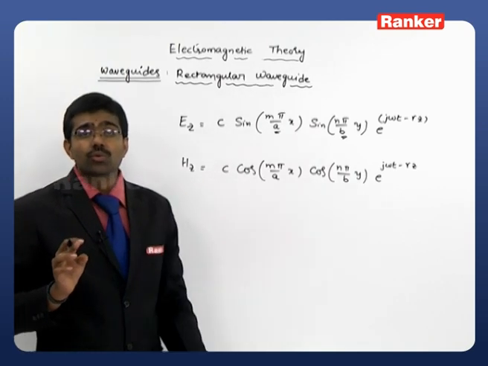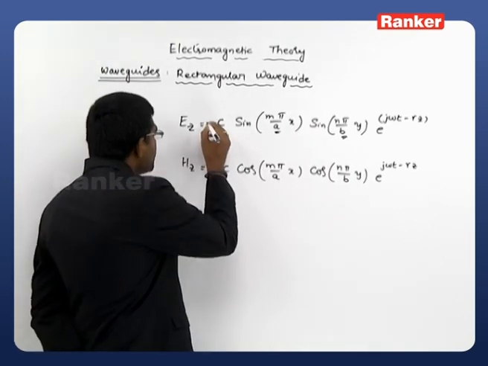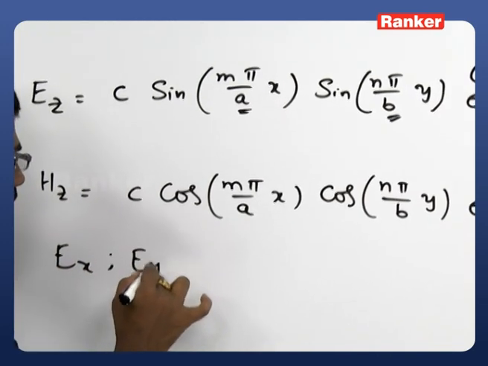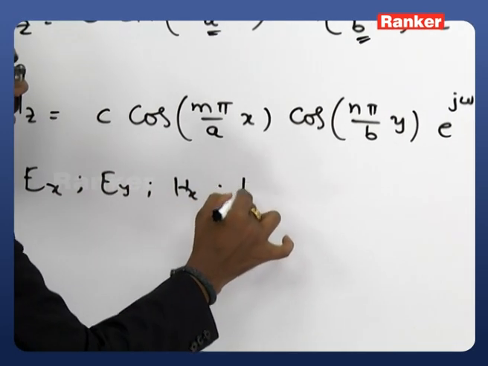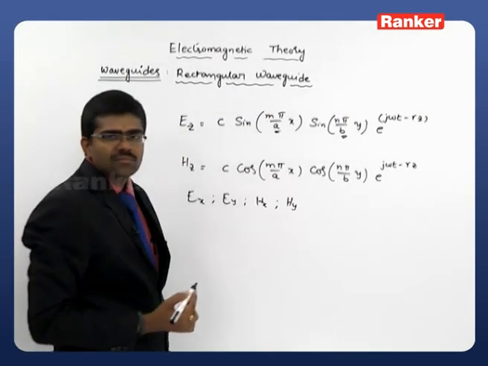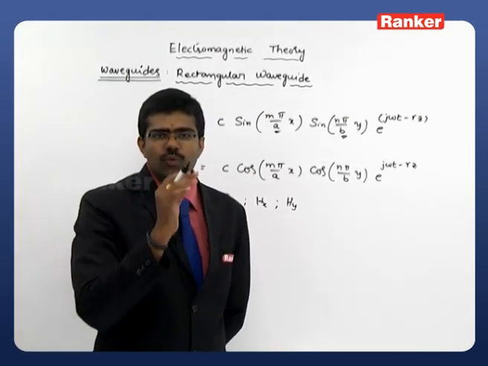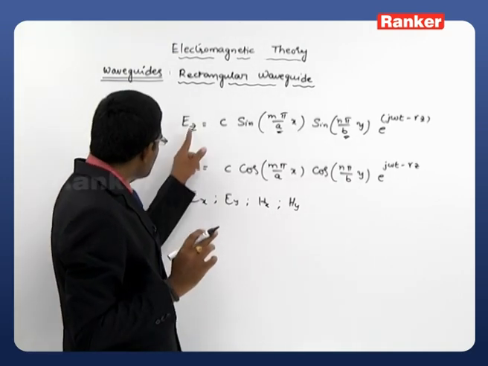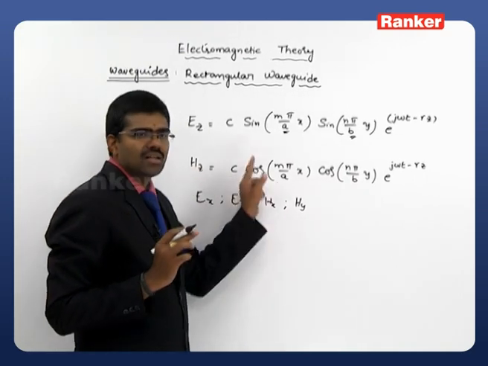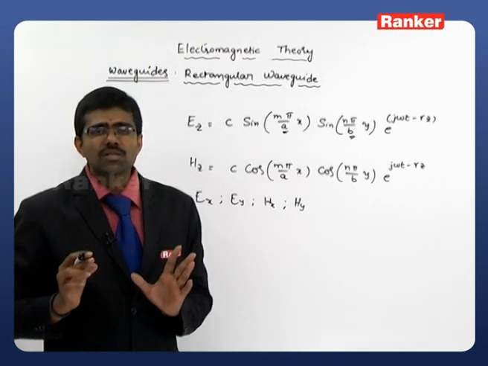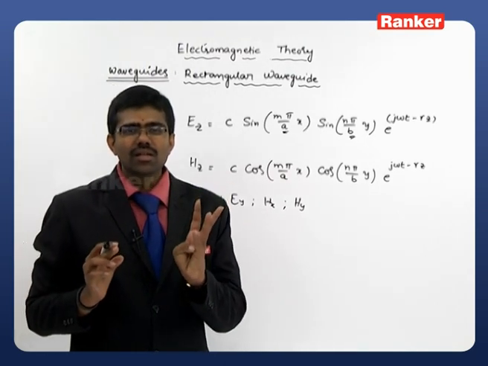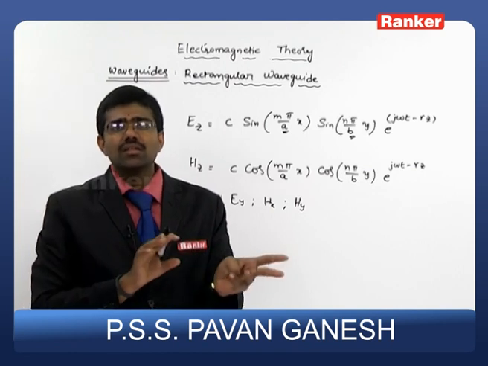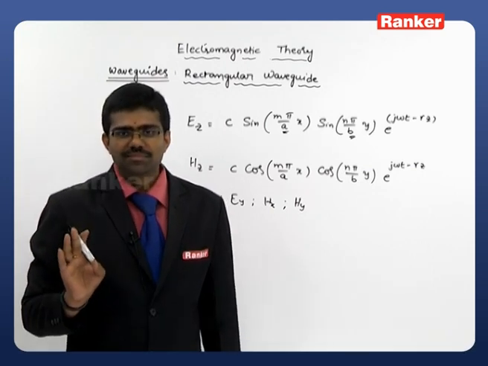Now what we have to do is substitute Ez and Hz in our field components Ex, Ey, Hx and Hy. Already we have those four equations. Substitute our Ez and Hz in these four, then you will get pure equations for Ex, Ey, Hx, Hy in terms of Ez and Hz, and that will also be simplified.